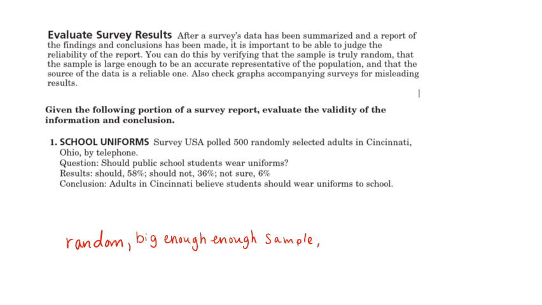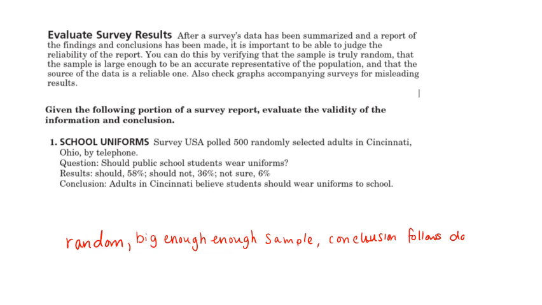And then let's look at our conclusion. Our conclusion says adults in Cincinnati believe students should wear uniforms. If we look, it was a majority. 58% say that students should wear a uniform, which is bigger; the people who said should not was only 36%. So I say the conclusion matches the data. The conclusion follows the data given.